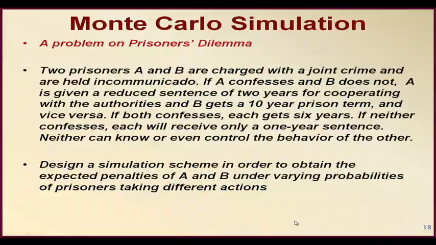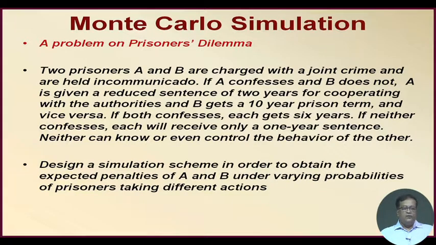Let us look at another example of Monte Carlo simulation. This is called the problem of prisoner's dilemma. Two prisoners A and B are charged with a joint crime, and are held incommunicado.